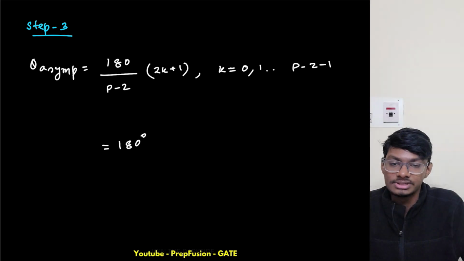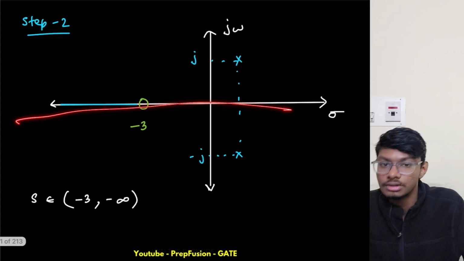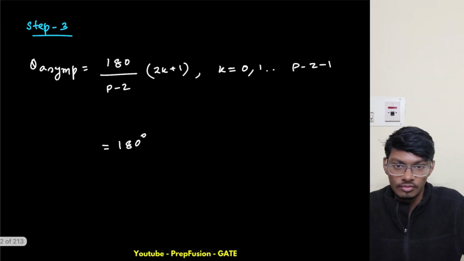Now the centroid sigma c won't be there, because my whole asymptote is lying on the real axis itself. Hence it is always intersecting with the real axis.